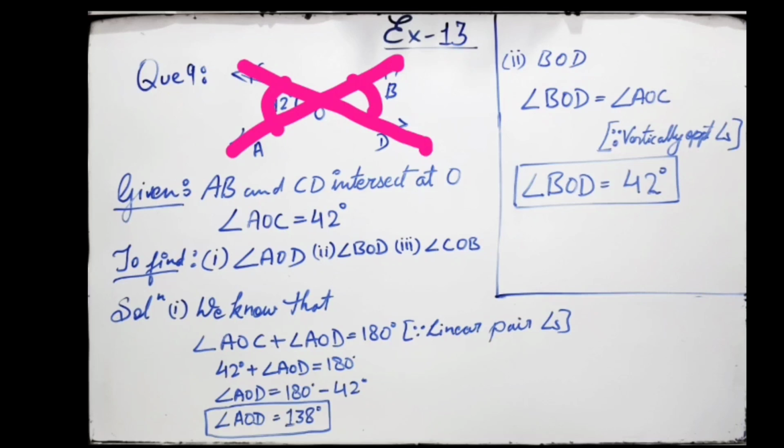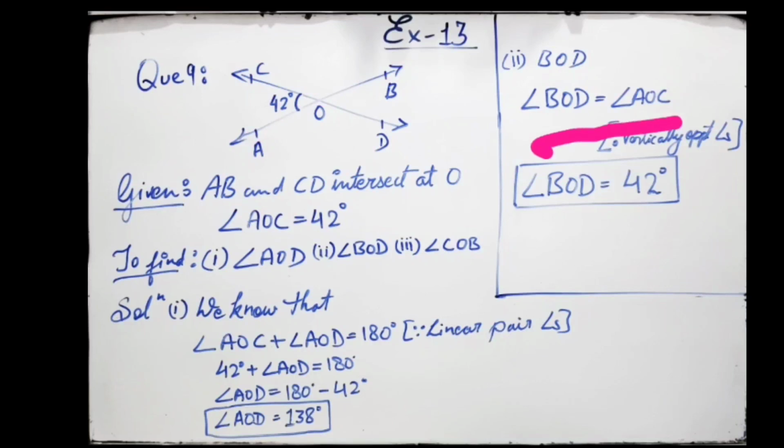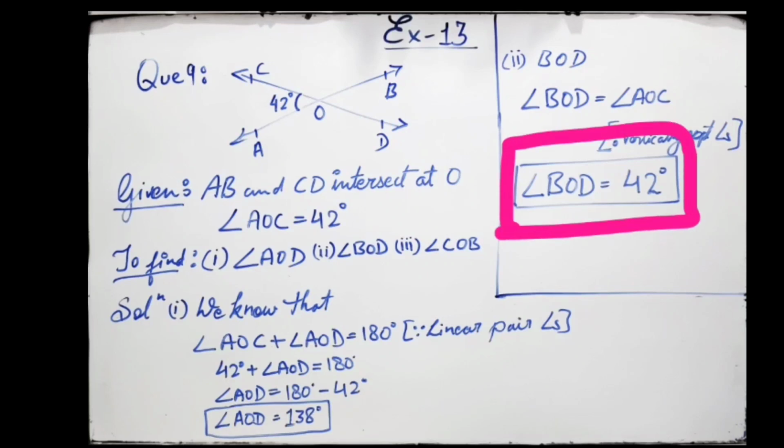So we can write that angle BOD is equal to angle AOC, and you will write the reason also, because these are vertically opposite angles. Now we can write in place of AOC 42 degrees, so we have got the value of angle BOD.